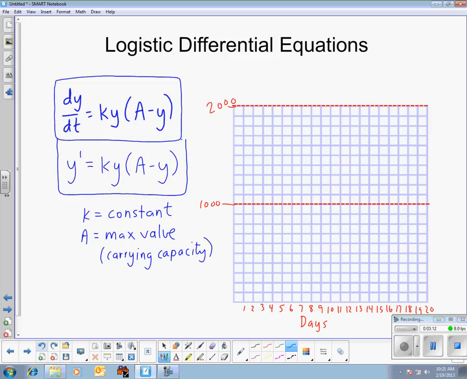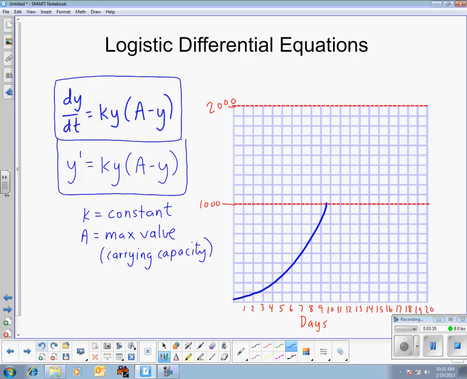So let's say that this graph represents the number of people in your school who have heard the latest rumor, and you know how rumors can spread. What happens essentially is that it starts out with a few people, and over the first few days it starts to grow slowly, and then it starts to grow really fast and get really steep as a lot of people are hearing.